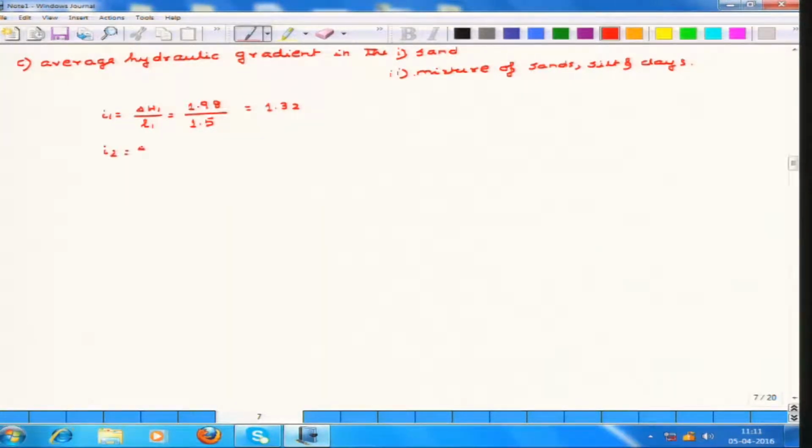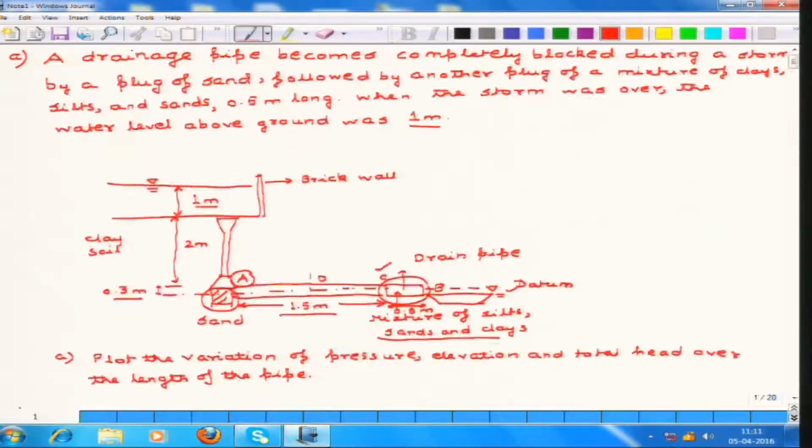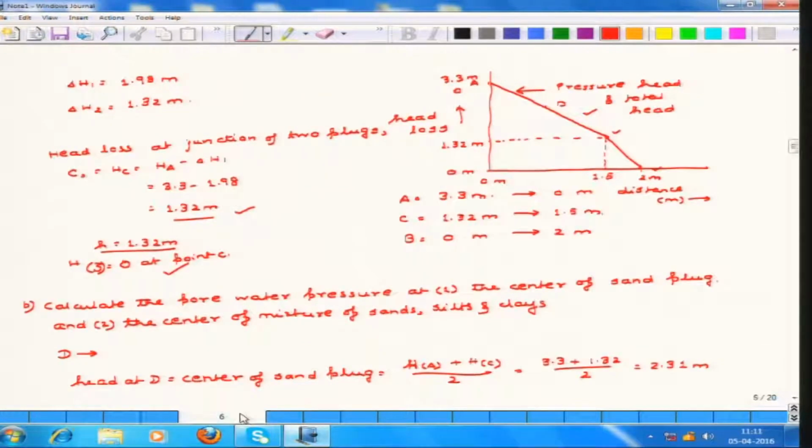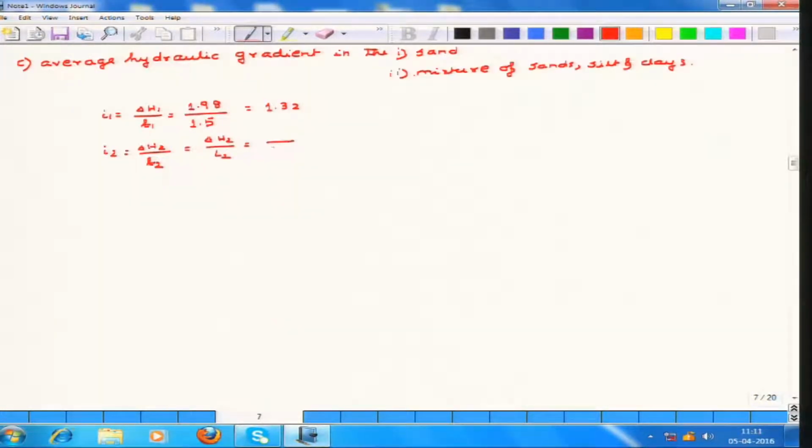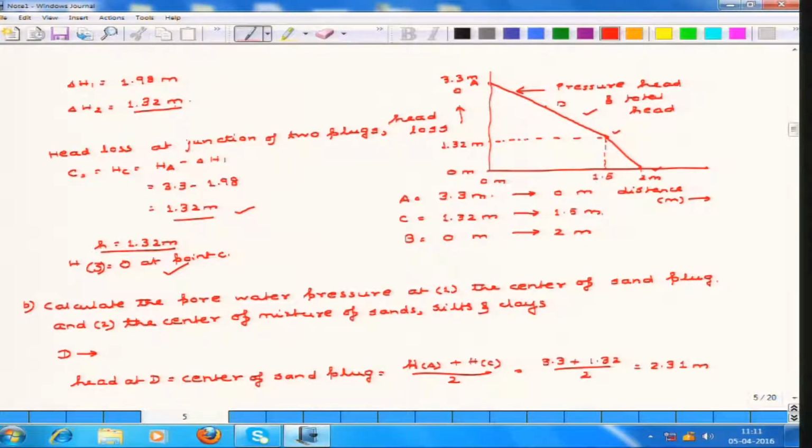And for the mixture of sand, silt and clay, similarly delta H2 by L2, where L2 is 0.5 meter, that is the length of the mixture of silts, clays and sands. So, this is by 0.5, and delta H2 as I found out previously is 1.32 meter.